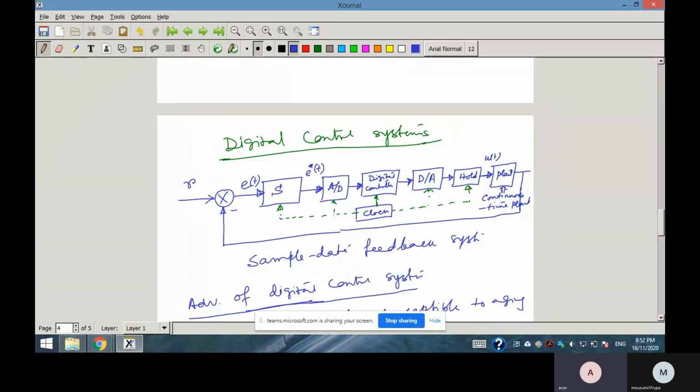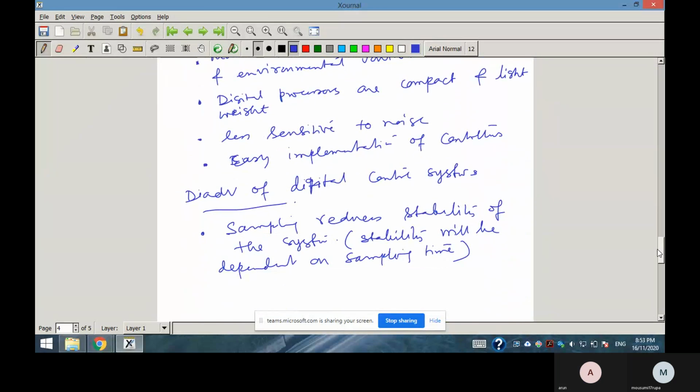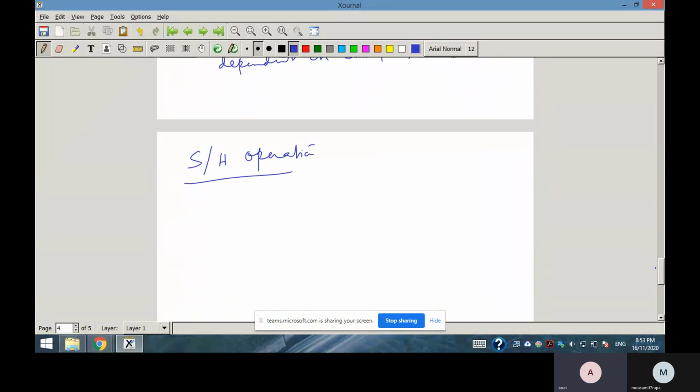The main thing is that in digital control systems, the continuous time signals are sampled, then some operations are carried out on the digital signal, and then it is held again. So what does sampling and hold actually mean? That you have to understand. I am just drawing a simple sampler and hold circuit.